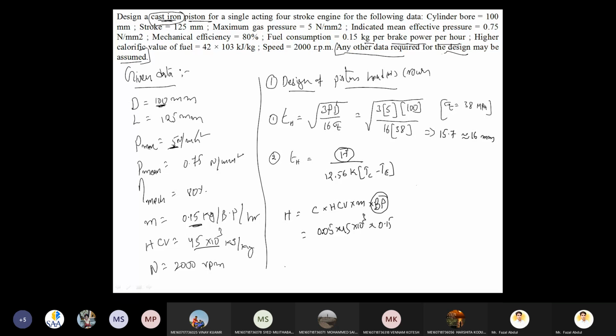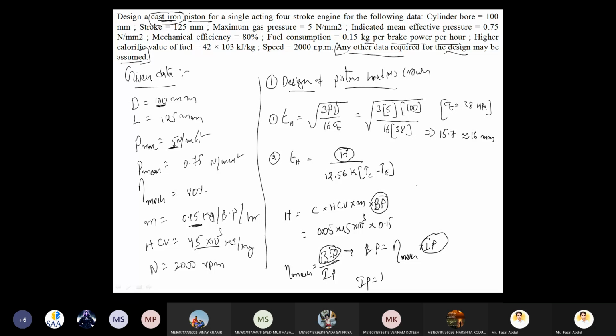Brake power: we have one relation, mechanical efficiency equals brake power by indicated power, IP. So brake power equals mechanical efficiency into indicated power. Again, we don't know the indicated power. To get this IP value, what relation do we have?